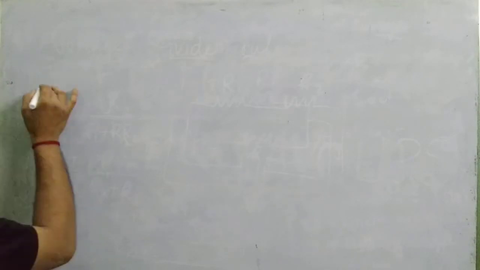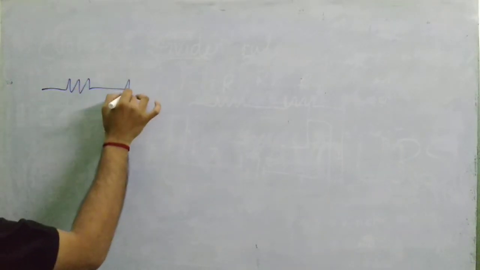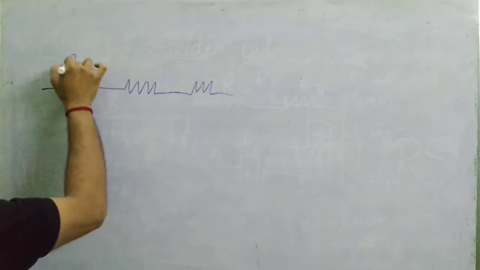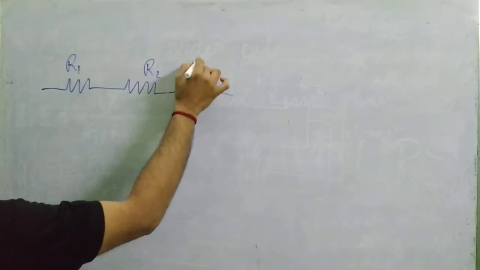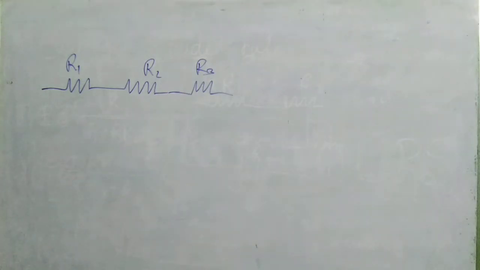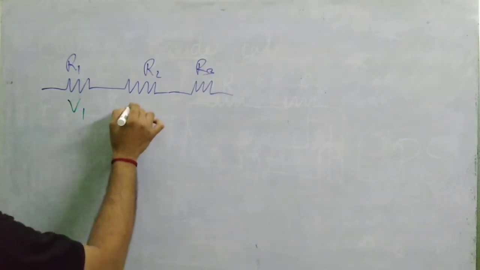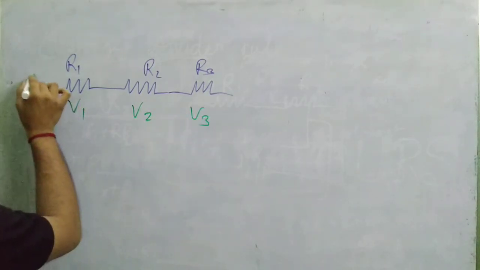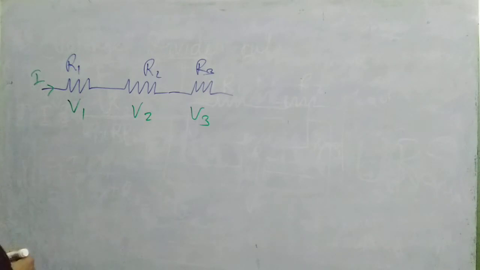What I mean is, if I consider a series connection and say this is R1, this is R2, and this is R3, and you get the voltage across R1 as V1, across R2 as V2, and across R3 as V3, with current I flowing through all three resistors. They will be the same as the resistors are connected in series.